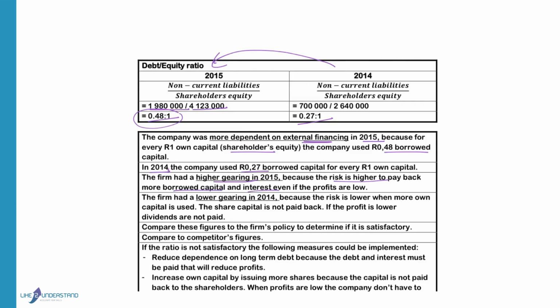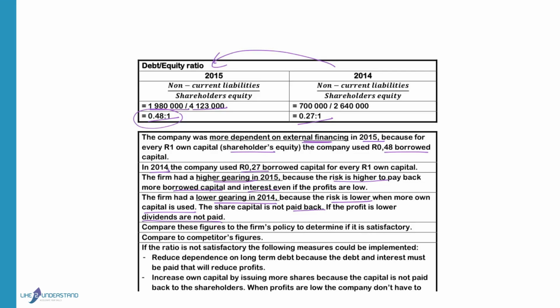The firm had a lower gearing in 2014, because then they borrowed less money in comparison with the capital, and the risk is lower when more own capital is used, because the share capital is not paid back when there's a financial crisis and the profits are lower. If the profit is lower, they don't have to pay dividends.